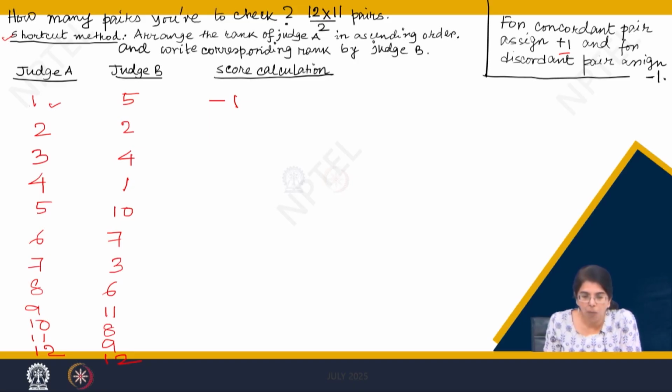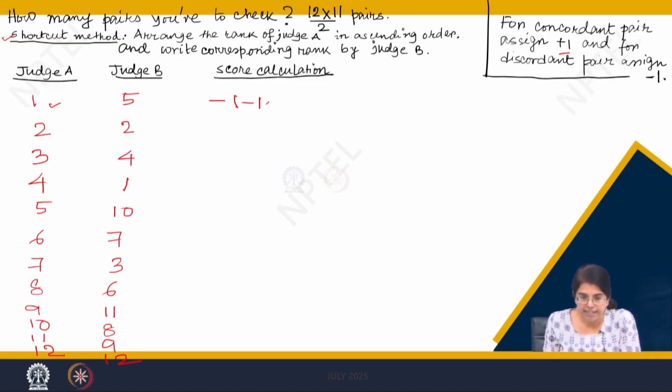So similarly, 1 is less than 3. I am not looking at this part, just working on this part, that 1 is less than 3. Does it mean that 5 is less than 4? No, 5 is bigger than 4. So again a discordant pair, and we will assign minus 1.